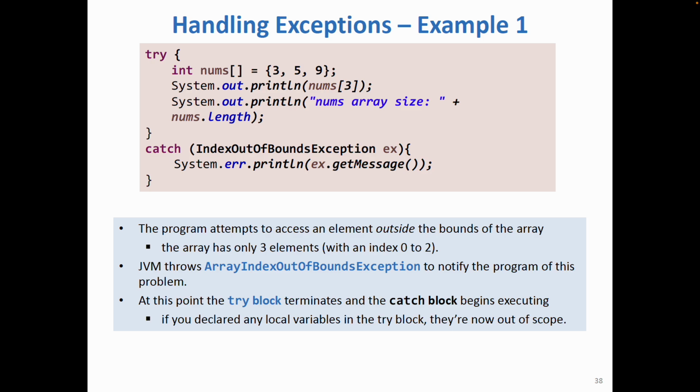You shouldn't run plan B here. Probably in your code there is an algorithmic problem. That's why you are trying to reach an index that is not available. So in those cases, let your program crash. This is what Java is saying actually. You need to really fix that. Don't do plan B, go and fix it. That's why Java is not forcing you to put it in try catch blocks.